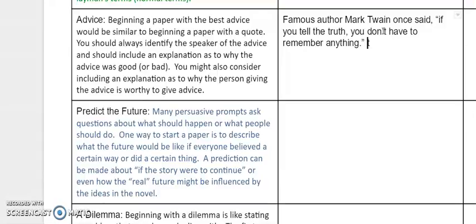I had to look again to make sure I got it. So I kind of like that. And again, I could use that maybe beginning an advice writing hook, or maybe even a quote. Now I'm going to stop here.